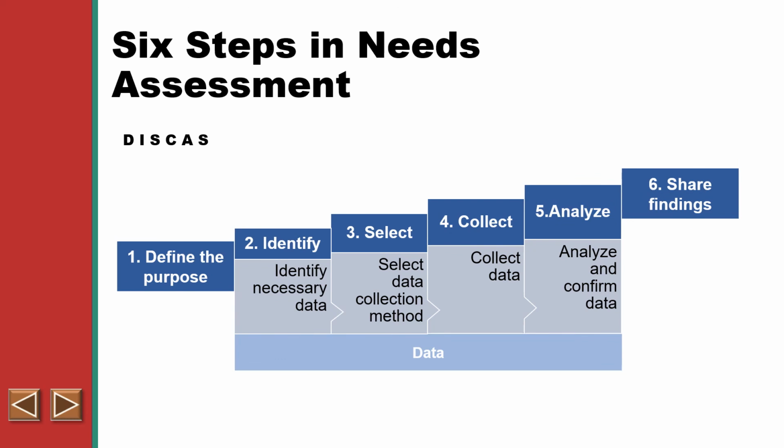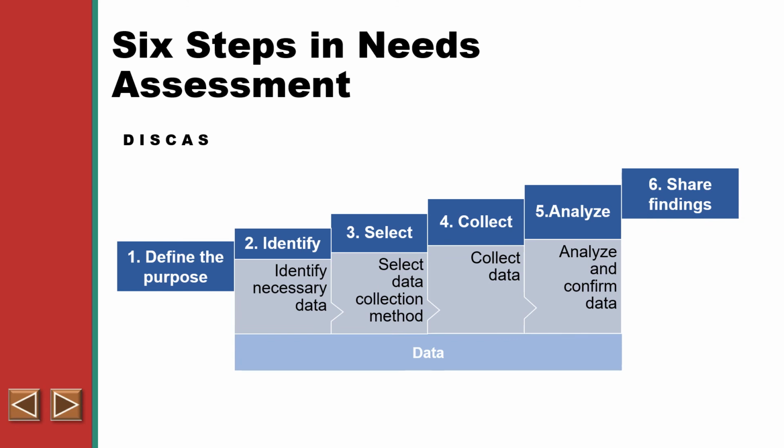The last thing is the 6 steps in conducting a needs analysis, and I've abbreviated it by the acronym DISCUSS because it sounds so close to discuss, just as a way to remember it. So I looked at this as like a front end and a back end, defining the purpose and then finishing up by sharing the findings, and everything in the middle is data. So identifying what's necessary. What kind of data is it?